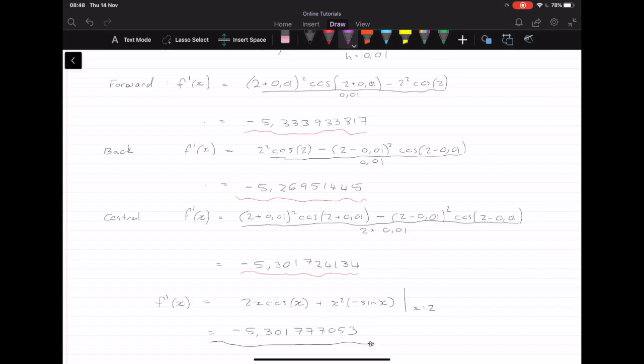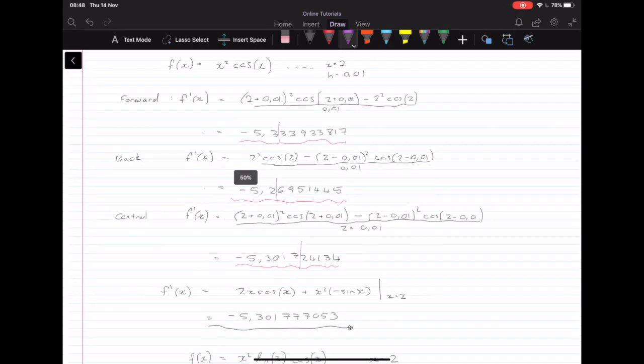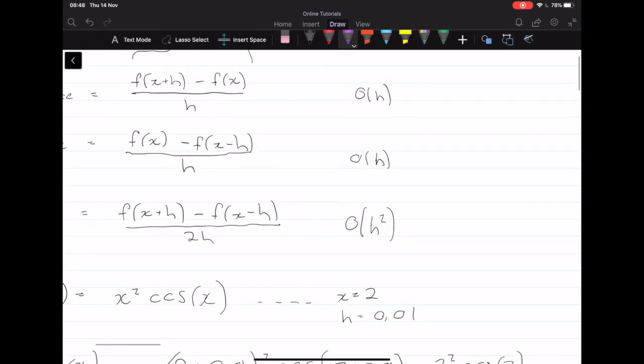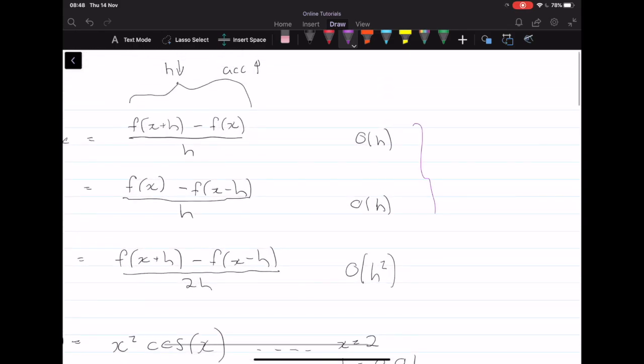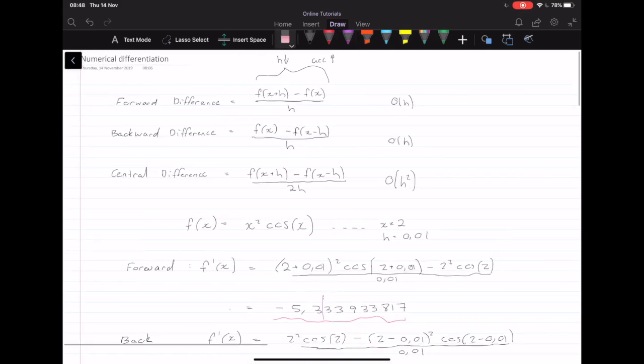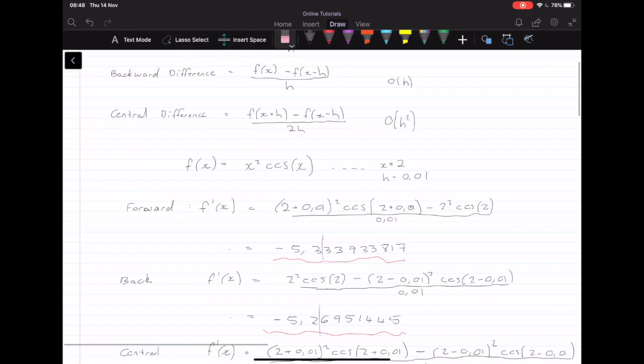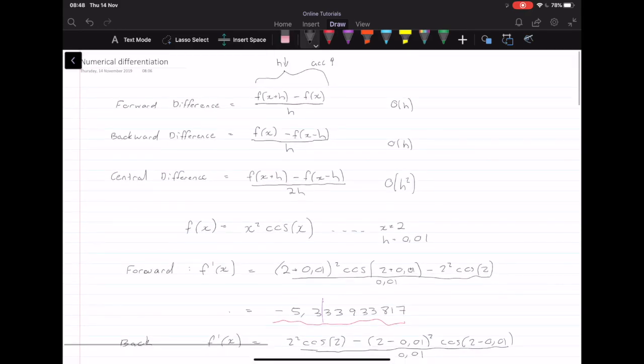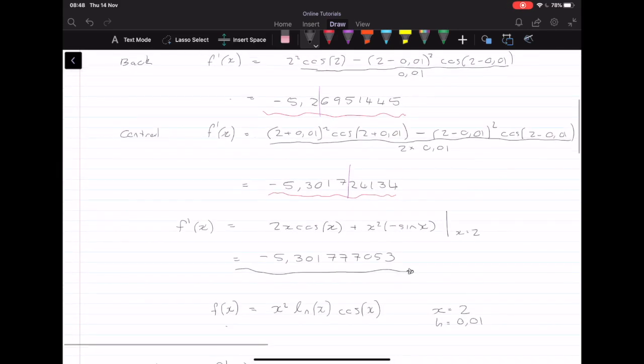Both the forward and backward lose their accuracy roughly after the first decimal point. But the central has about 4 decimal points worth of accuracy. Both of these are the same order, and the central difference is of a slightly higher order of accuracy. So we should use the central difference if we want accurate answers. If we want a quick estimate, we can use the forward and backward.